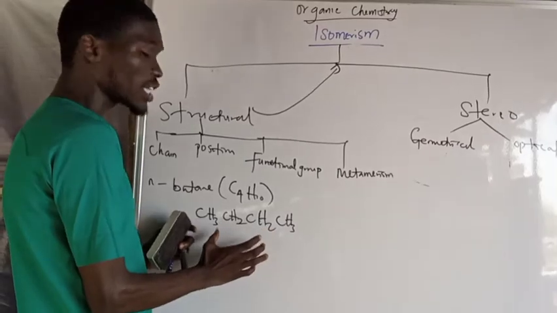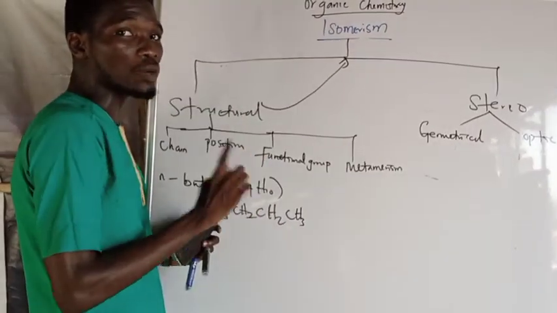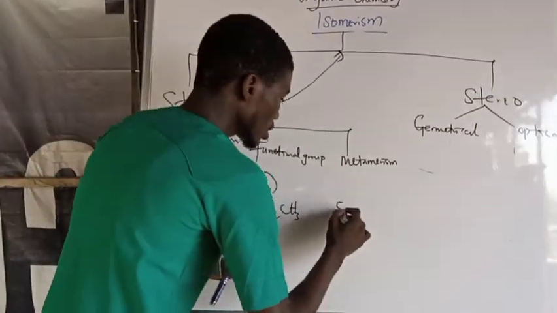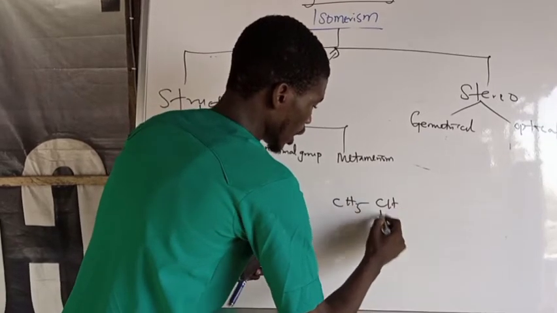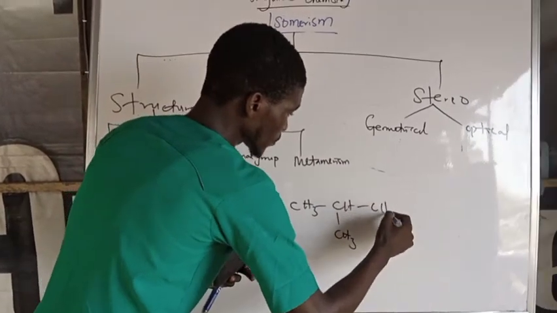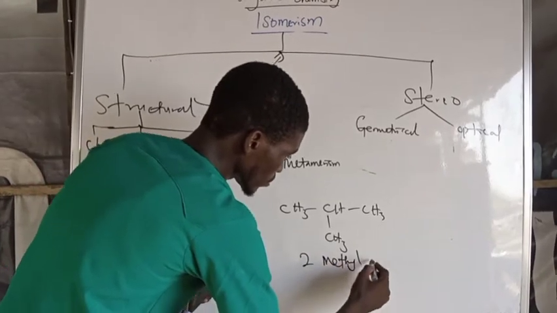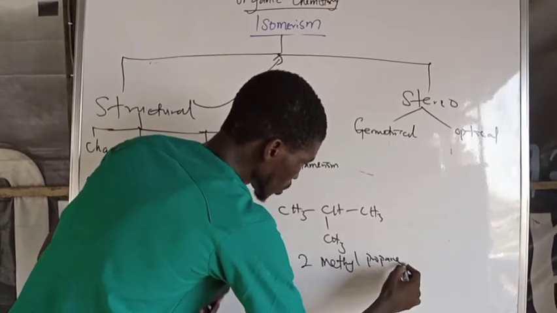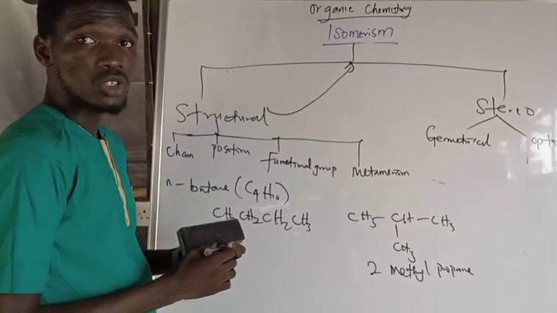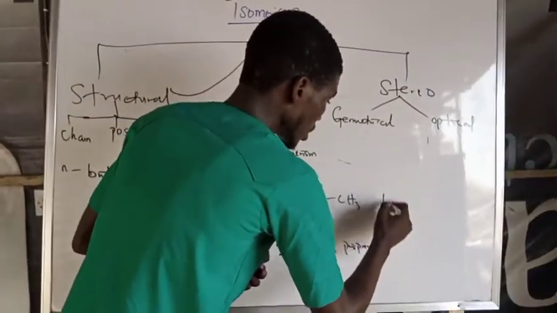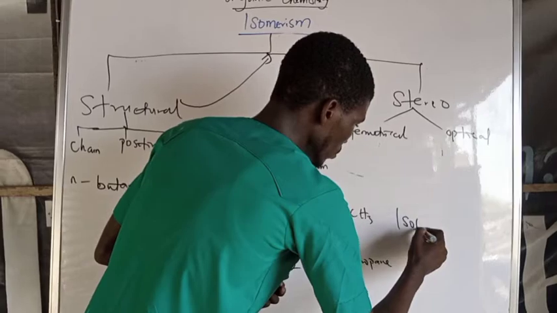For this n-butane, I can have another compound which is CH3, CH, CH3, CH3. This is called 2-methylpropane, or we call it isobutane.